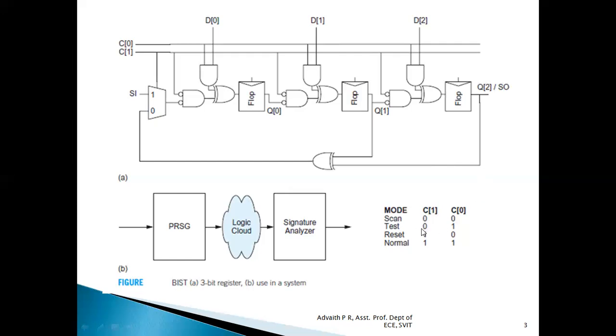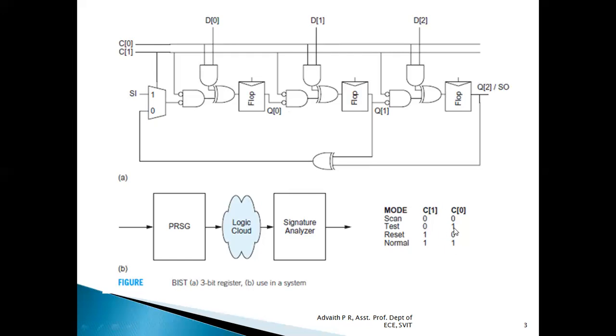Similarly, we have one more mode called test mode. In test mode, C0 is 1 and C1 is 0. The register here behaves as a pseudo-random sequence generator, or we can also call it a signature analyzer. In test mode, it will be randomly generating zeros and ones, giving us test cases.